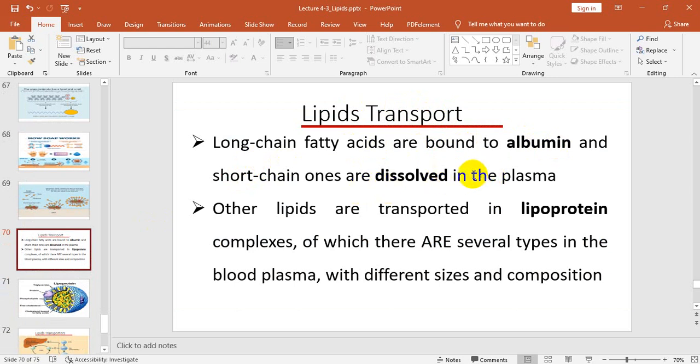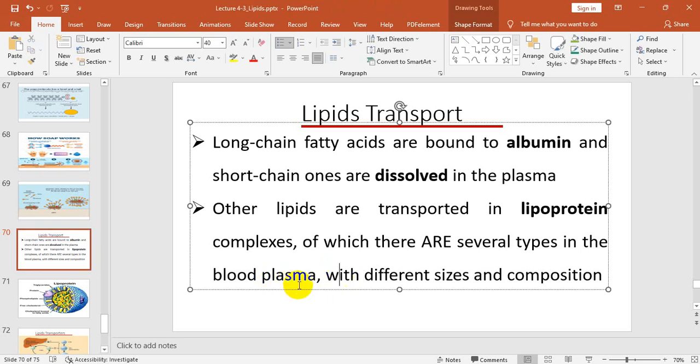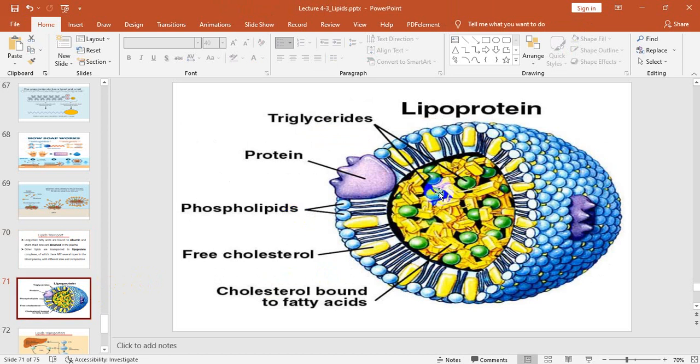Other lipids are transported in lipoprotein complexes, of which there are several types in the blood plasma with different sizes and compositions. So we have lipoprotein.